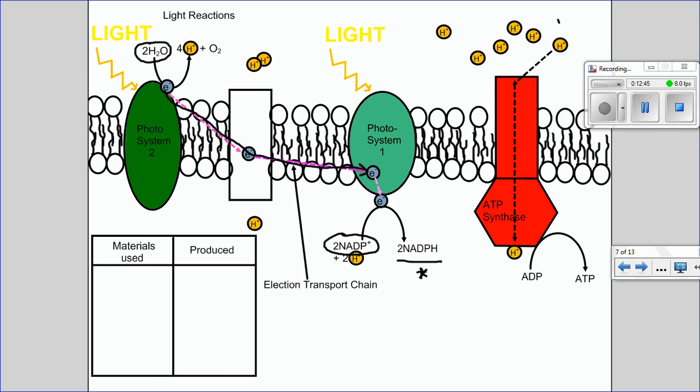We have a lot of hydrogen outside of the membrane and very little hydrogen inside the membrane. What that causes is our hydrogens to move downward. So they move down through this ATP synthase, which then spins and creates ATP, which we've talked about, the energy molecule for cells, from its precursor, adenosine diphosphate, or ADP. And that is essentially the light reactions.